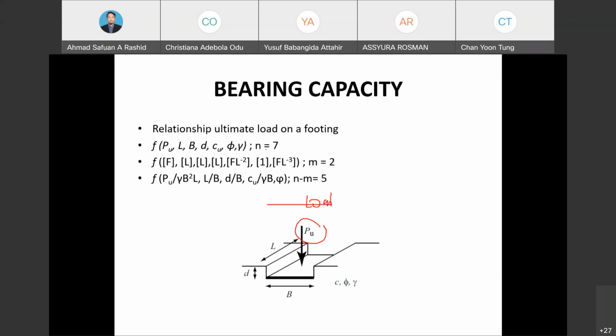So in total we have seven parameters. From these seven parameters we derive the primary dimensions. The number of primary dimensions is 2, so we need to derive 5 dimensionless equations.